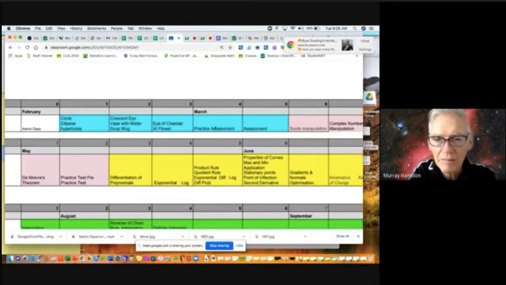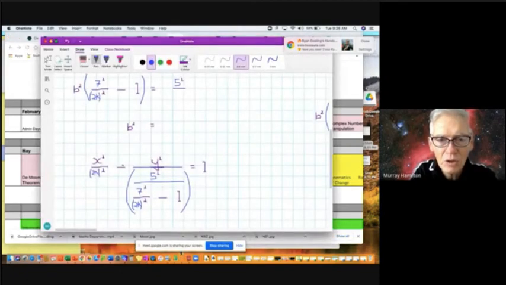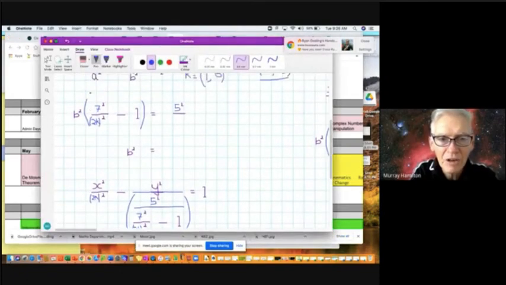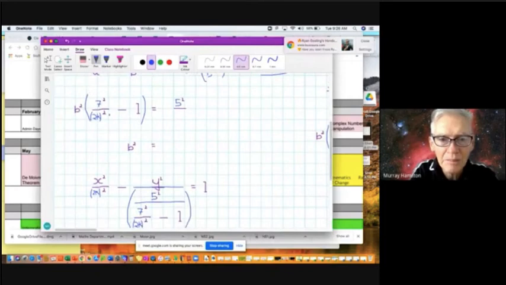You will be using Desmos for your assessment, but when you do the generalizations, you're going to have to show your working, like I did on OneNote. What I've got here would probably be the minimum steps, except I should have shown what b squared was there.